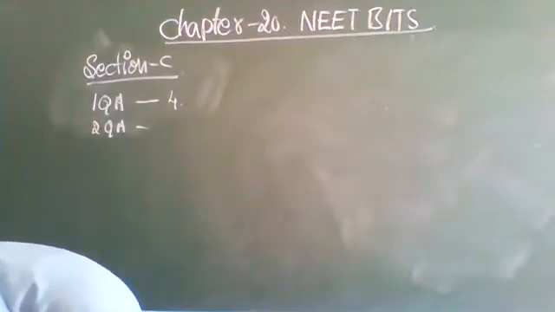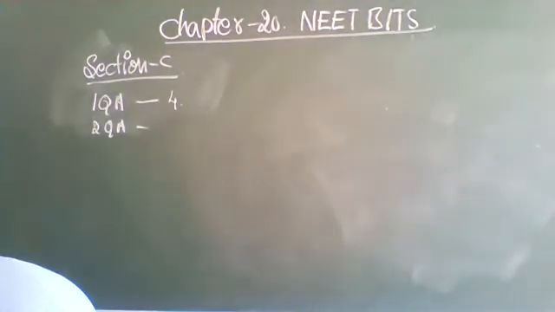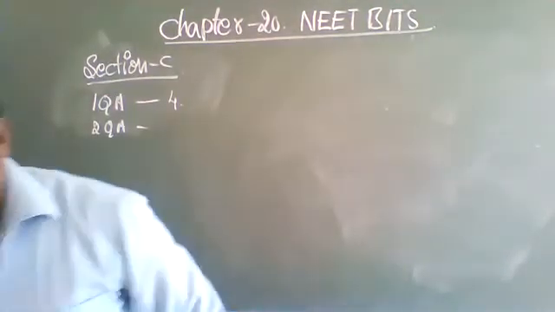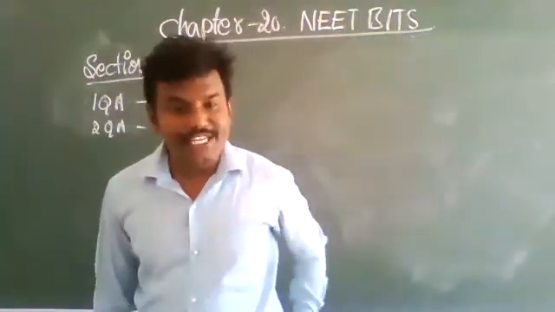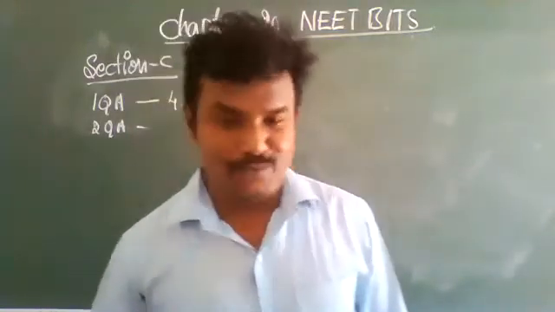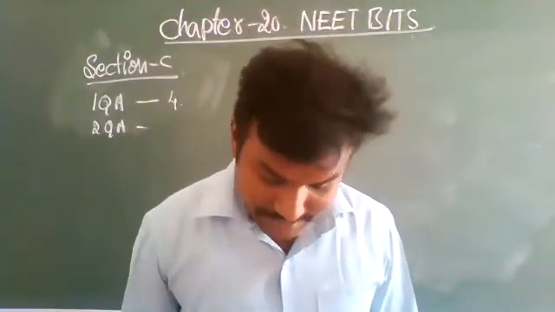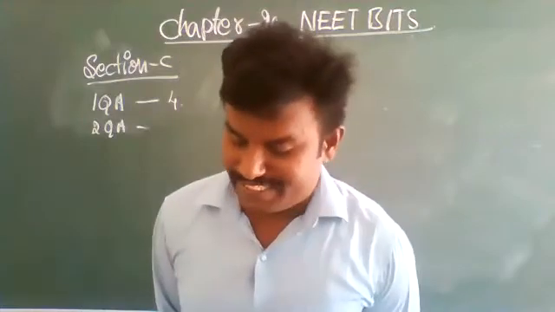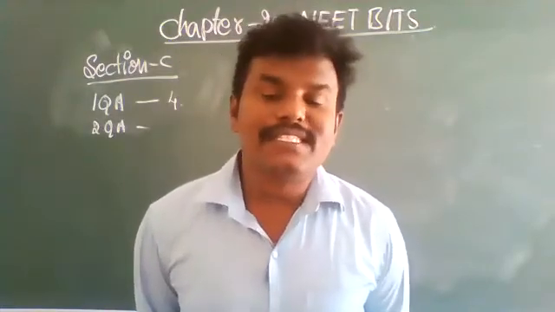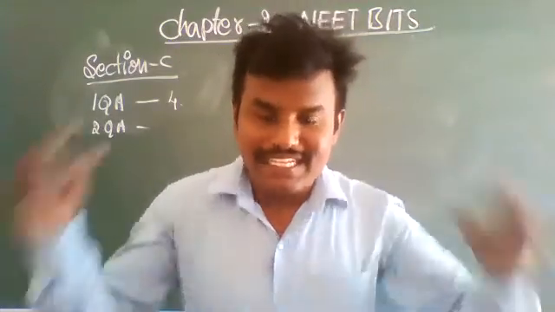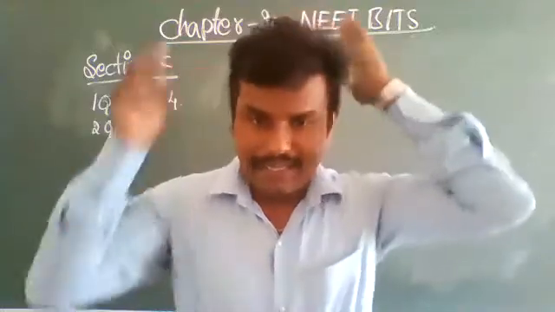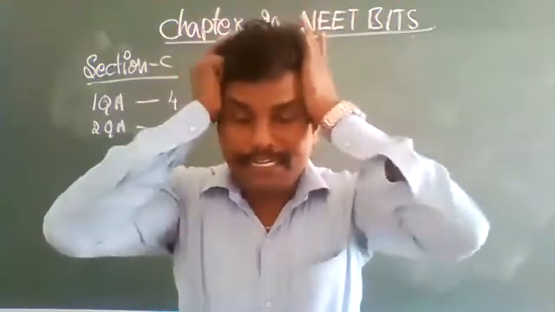Next, fibrous joint. Fibrous joints are of 3 types: sutures, gomphosis, and syndesmosis. Sutures and gomphosis are immobile. Sutures are present between the frontal bone and the parietal bone.